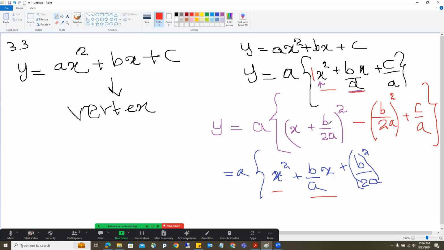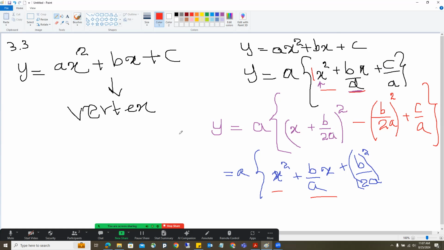So I just removed this additional part, that is the complete square of the second term, b over 2a squared, and then from the previous step we had c over a at the end, so I just added that one as well.